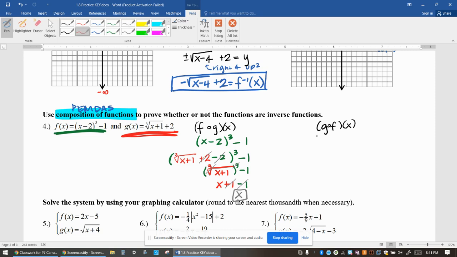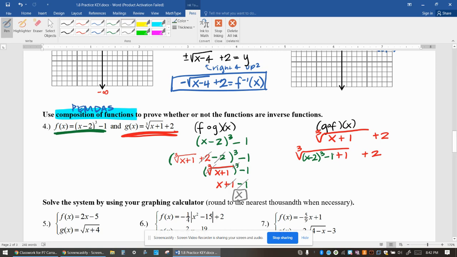Now I'm going to take the g function and replace the x with f of x. Okay, this is one big grouping symbol, this big root.